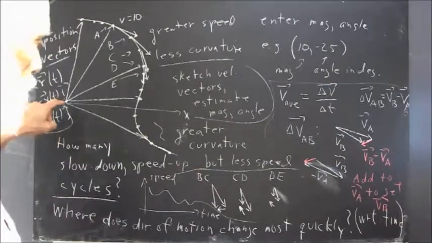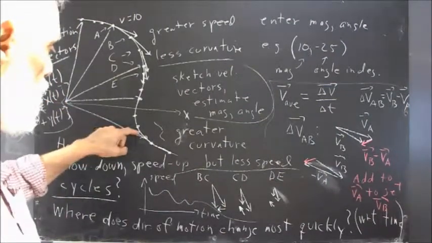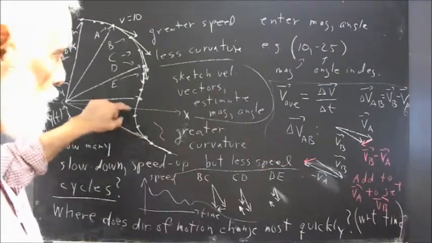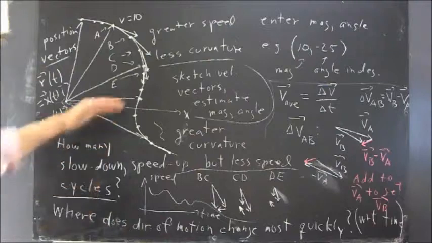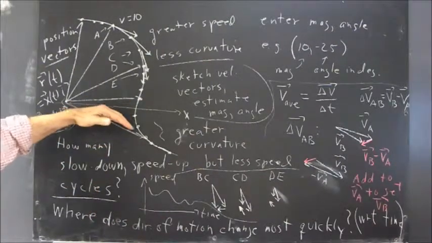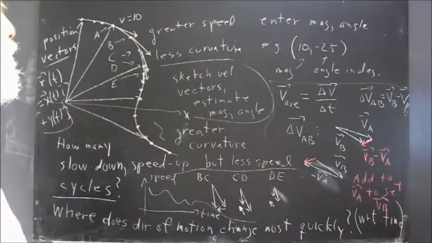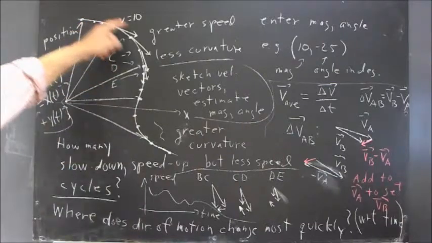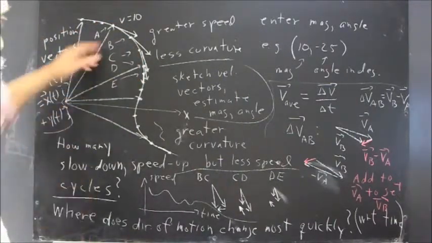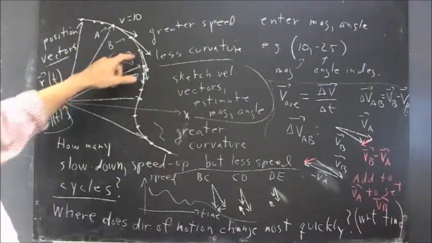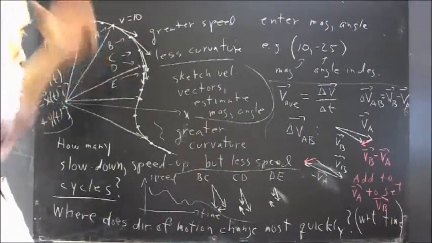So if you think that that's happening down here where the curve is changing, where the curvature is greatest, then you would probably say something like around -15 or 20 degrees. If you think it's changing up here because the velocity is greater, even though the curvature is less, then you might say 40 degrees or something.